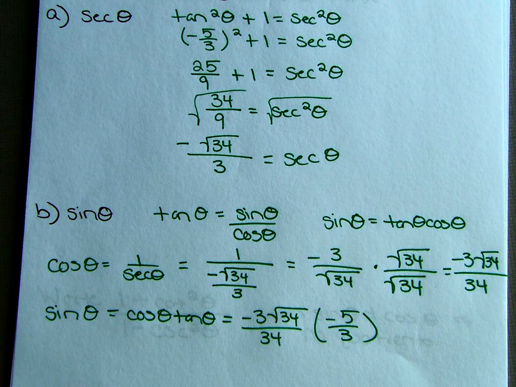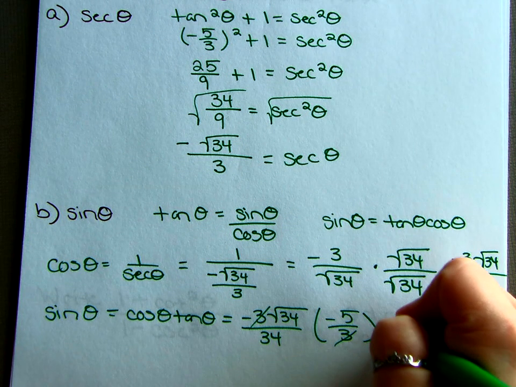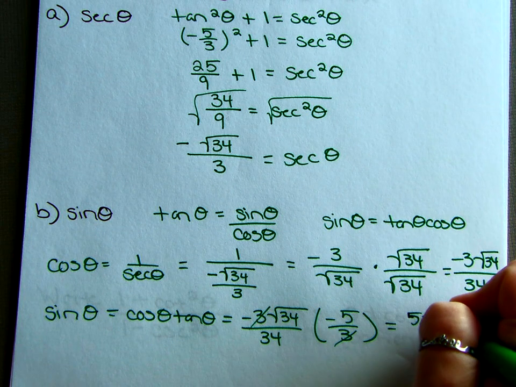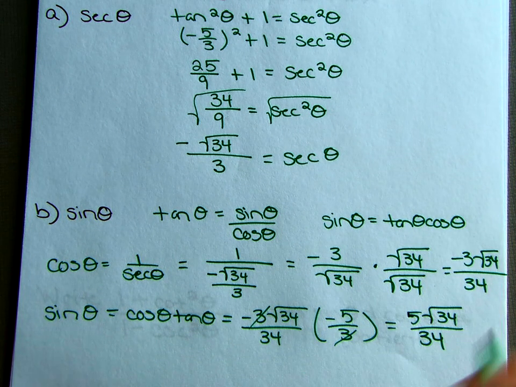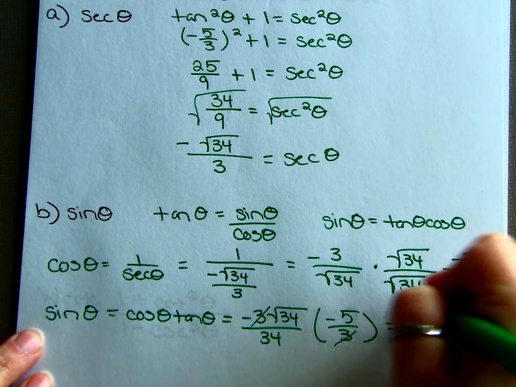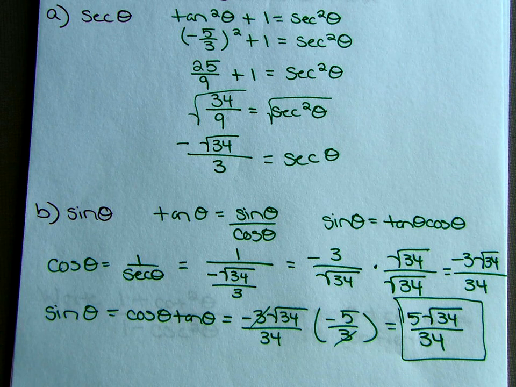The 3's cancel, the negatives cancel, leaving us with 5 square roots of 34 all over 34. And we would definitely want to check, because we are in quadrant 2, sine in quadrant 2 is positive. So we leave it positive. Questions?